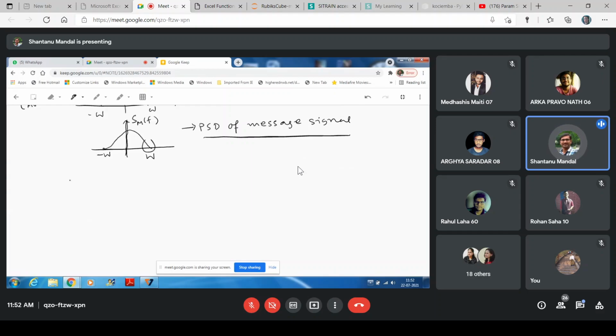So pre-emphasis is in the FM transmitter section. First we have to boost up the message amplitude by the pre-emphasis filter.